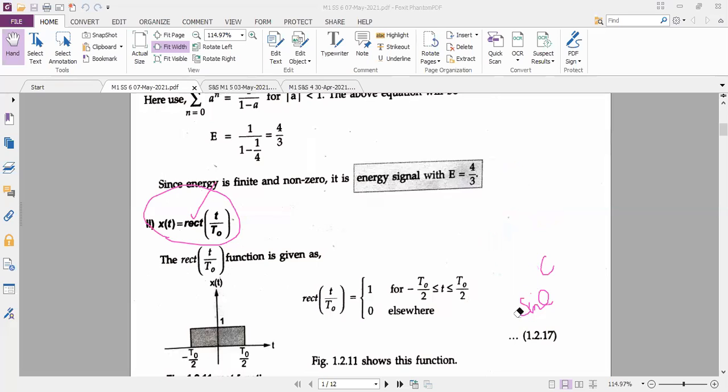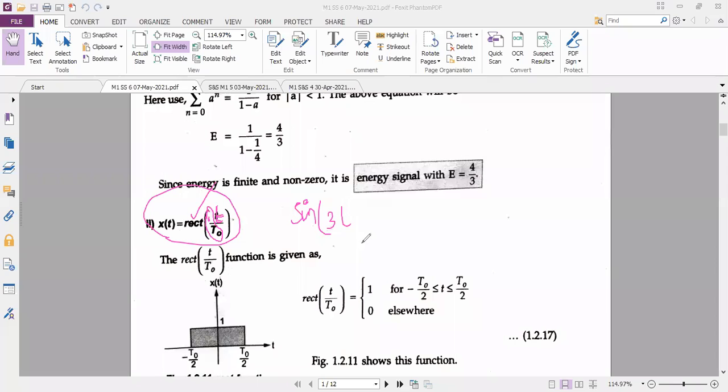And the rectangular signal here is RECT of t by T naught. That means the time has a factor of 1 by T naught. See, for example, I will write sine of 3t. What does 3t represent?